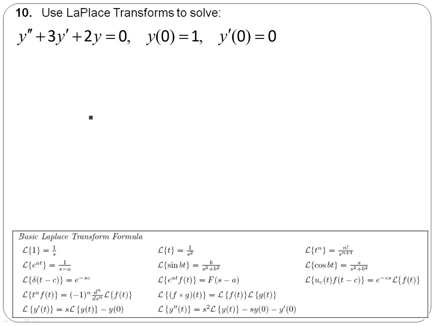And let's go ahead and try and solve this one. Here, I'm going to apply the Laplace transform to this entire equation. Apply it term by term. So I get the Laplace of my second derivative, and that's given here.